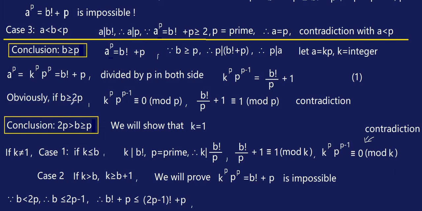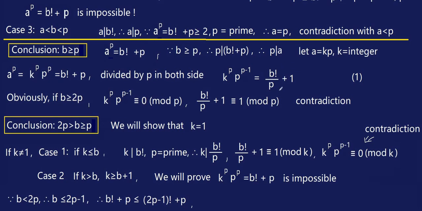And obviously, if b is greater than 2p, that means after it is divided by p, we still have another p that can divide it. So the left side, if we divide by p, the remainder will be 0. Means k to the p, p to the p minus 1 is equal to 0 mod p.